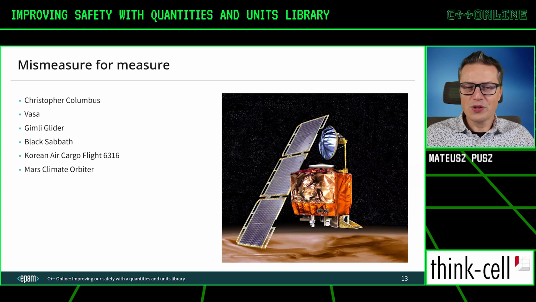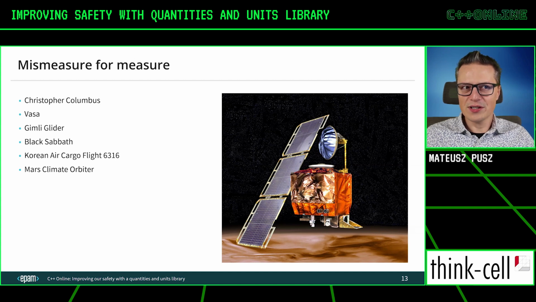Probably one of the most important accidents that happened in our engineering was the Mars Climate Orbiter, which in 1999 started the Mars orbit maneuver to enter the orbit, and basically at this point we lost communication with the space probe.